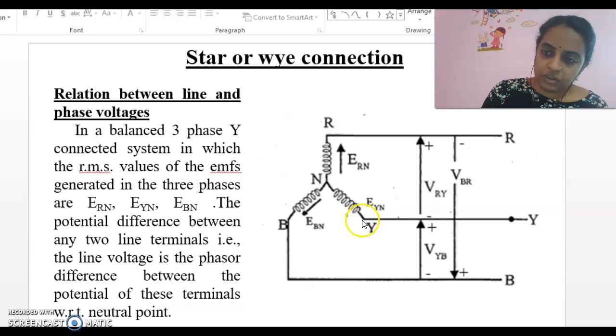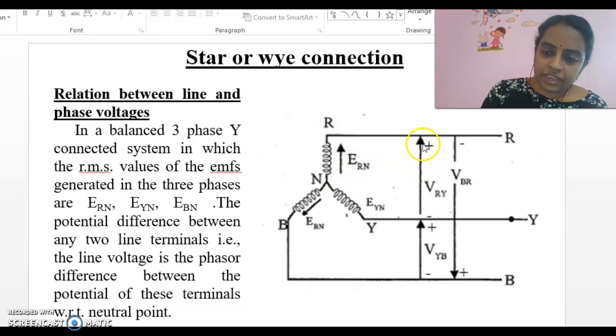EYN means voltage between Y phase and neutral. EBN means voltage between B phase and neutral. These voltages are called phase voltages. The voltage between a line and neutral is called phase voltage.